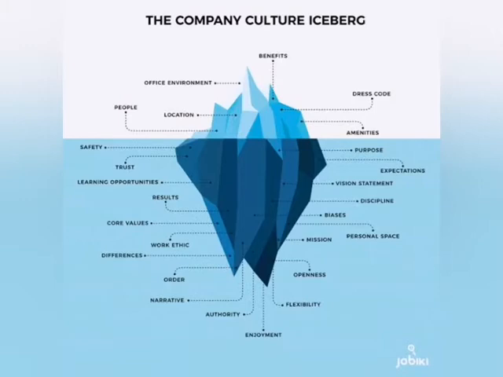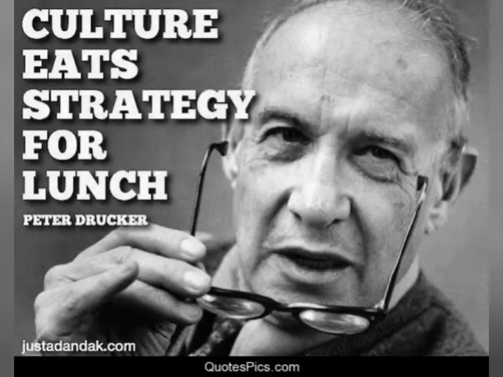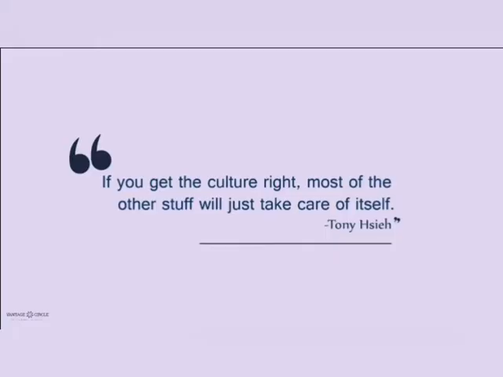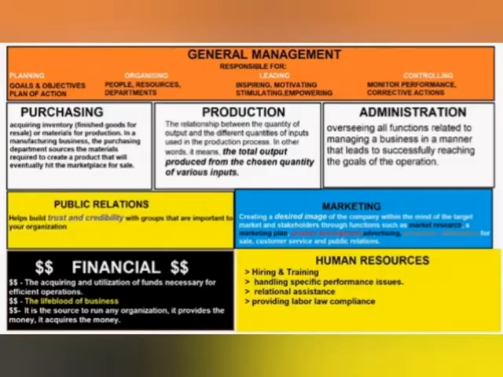So what is organizational culture? Organizational culture determines how things are done, and how the employees interact with one another. Organizational culture consists of these three things: the beliefs, the values, and the purpose of an organization.